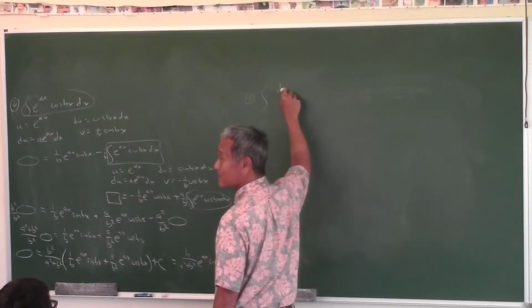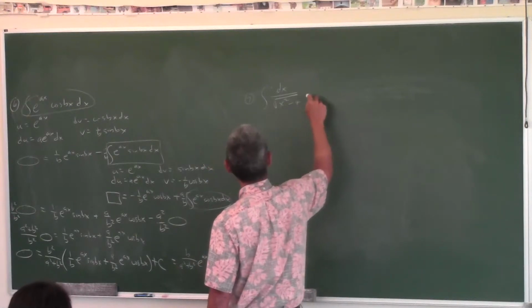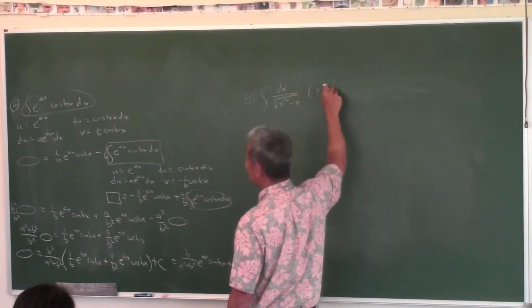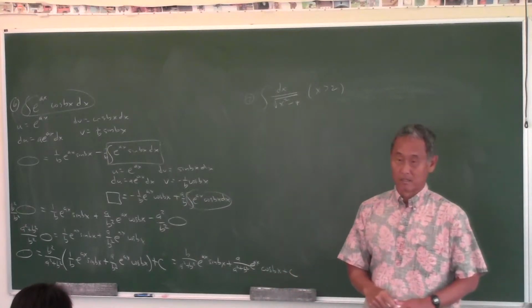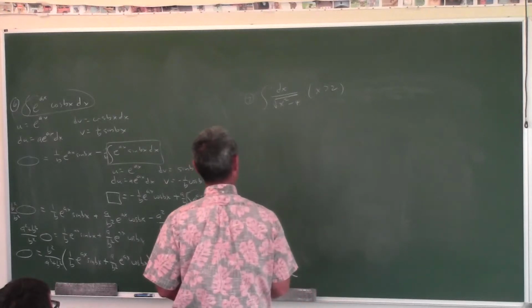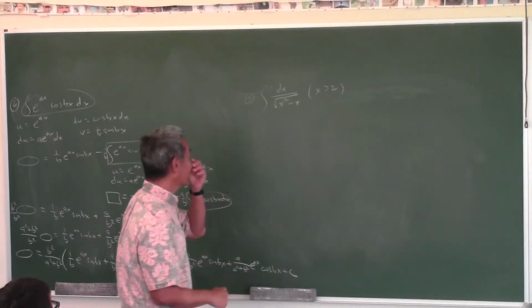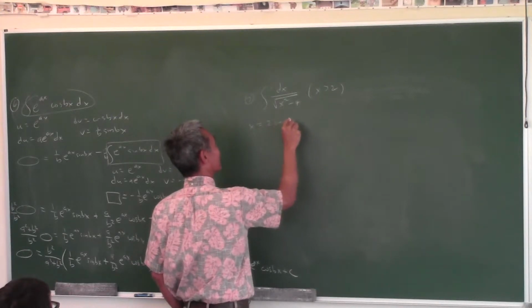It's the integral of dx all over x times the square root of x squared minus 4. And you know why I give you a restriction like this? So that you don't have to worry about absolute values. Because otherwise you're gonna make a piecewise function. So this one, did everybody go x equal to 2 secant theta?